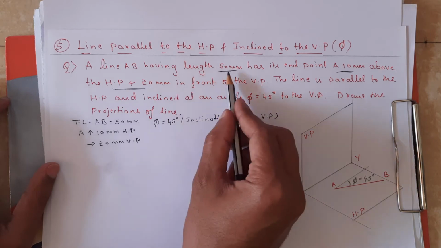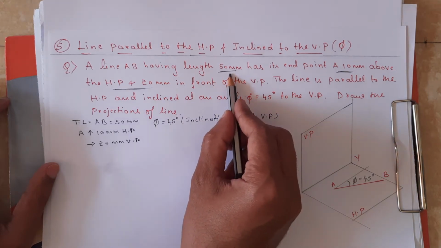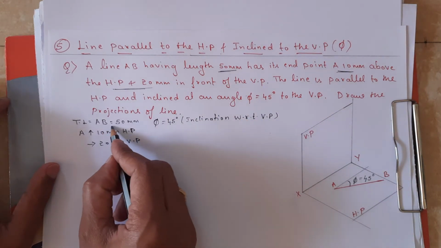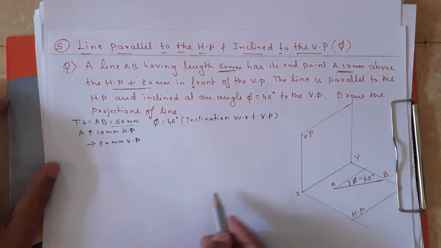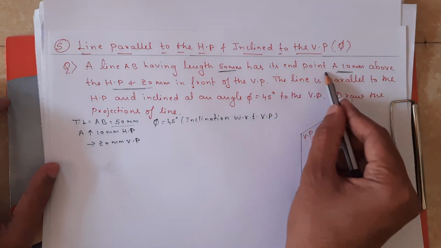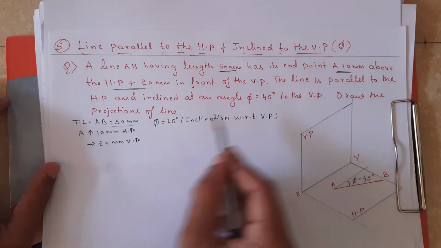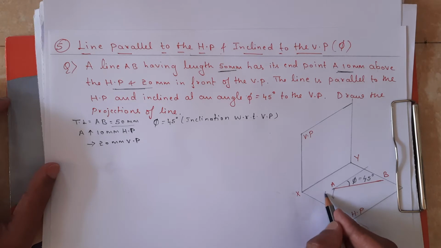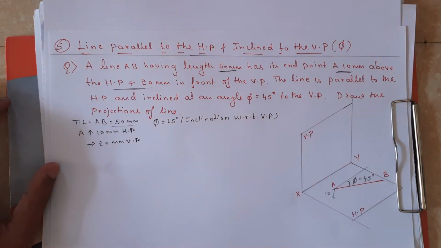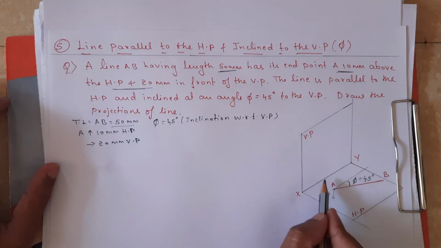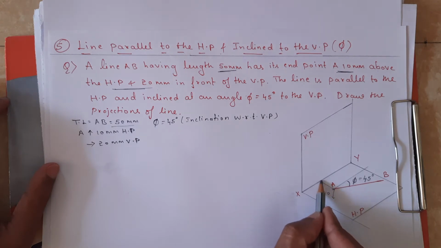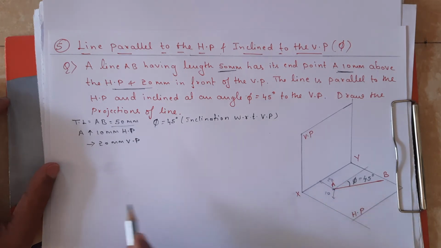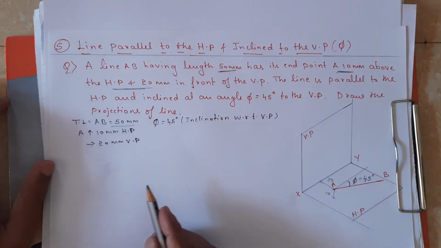A line AB of length 50 mm, that is the true length of the line. Its end point A is 10 mm above HP and 20 mm in front of VP.